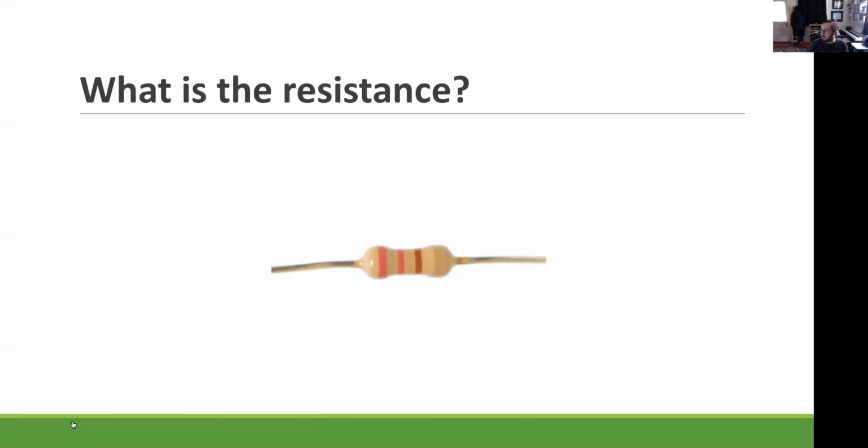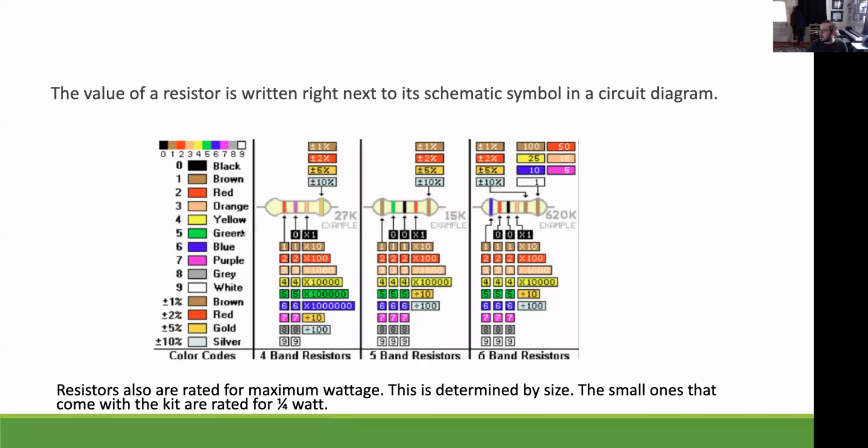I'm not going to spend a lot of time with this because this is an ungraded assignment, but we've got a resistor here with these 3 bands. We don't really need to know about that 4th one. We have orange, orange, brown. 330 ohms is what that one should have been, plus or minus 1%.